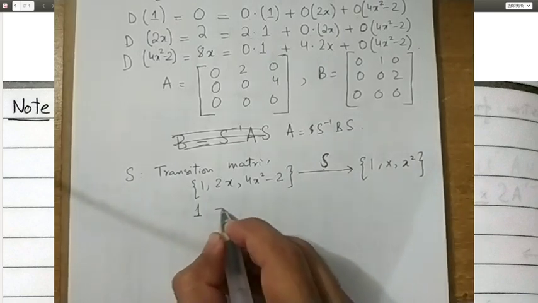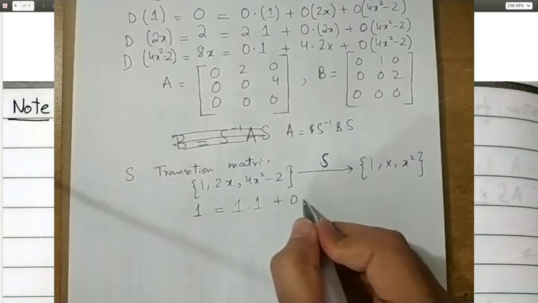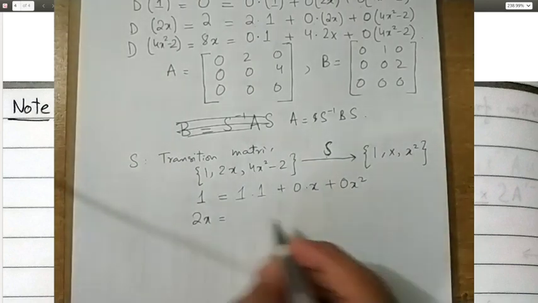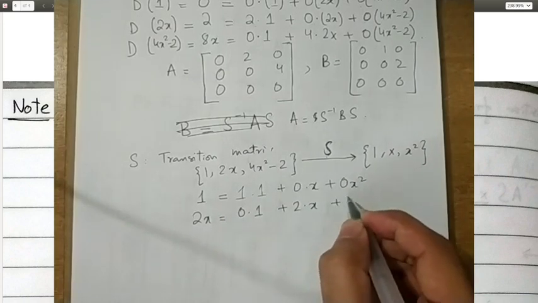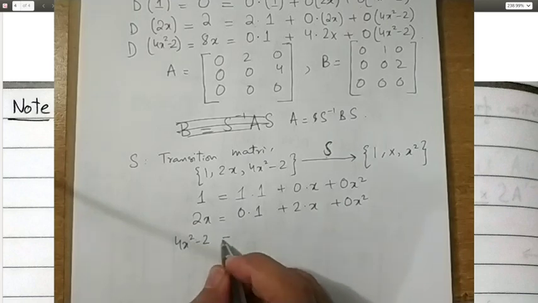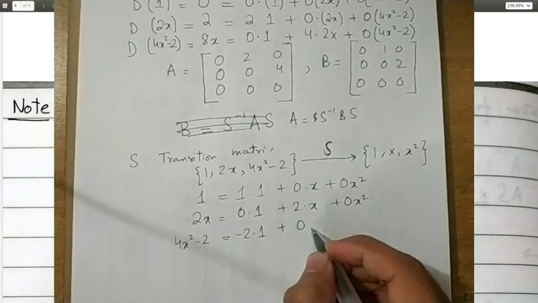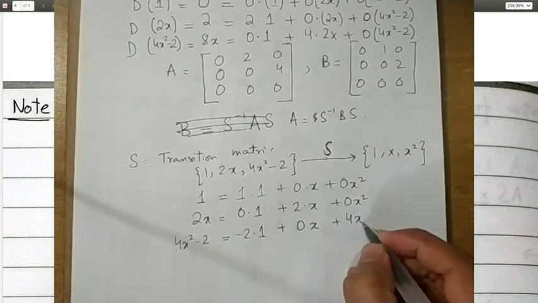So 1 can simply be written as 1 times 1 plus 0 times x plus 0 times x squared. 2x can simply be written as 0 times 1 plus 2 times x plus 0 times x squared. And 4x squared minus 2 can be written as minus 2 times 1 plus 0 times x plus 4 times x squared.